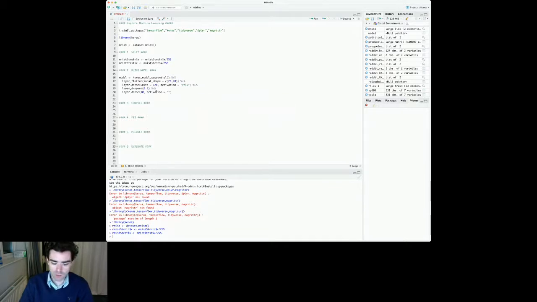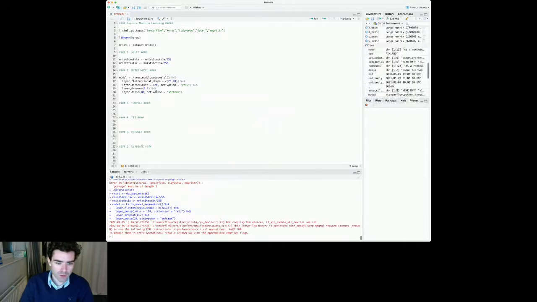Activation, softmax this time. And hopefully that works. This is okay. This is not an error. It's just telling us how it's doing the computation.